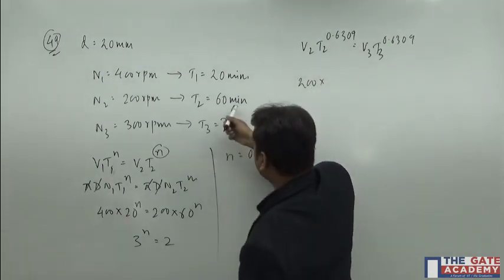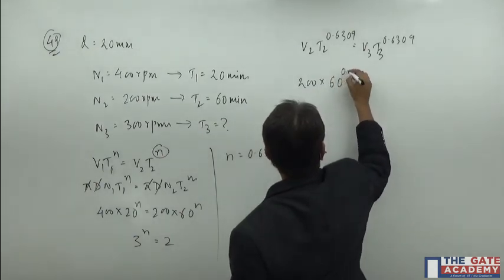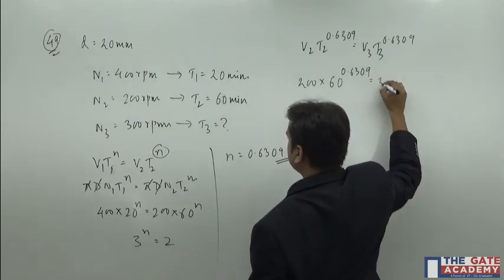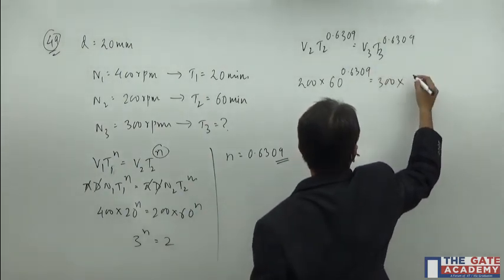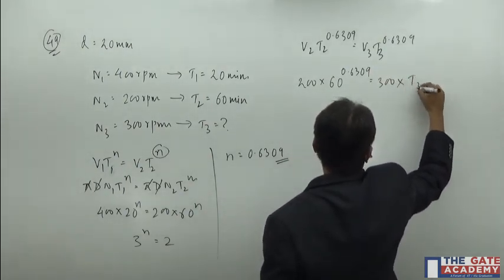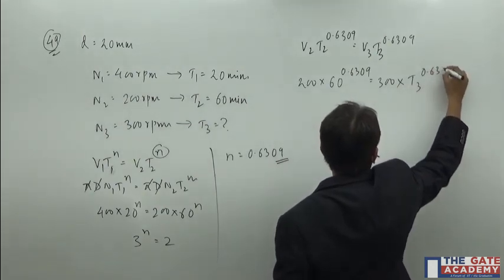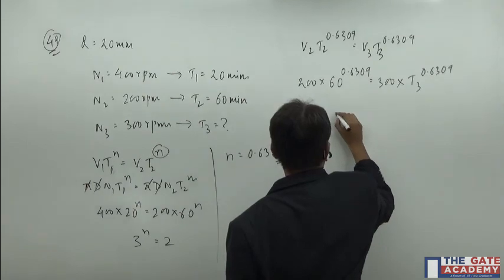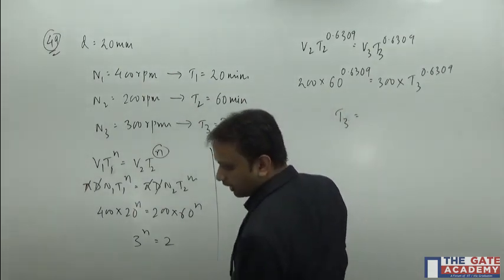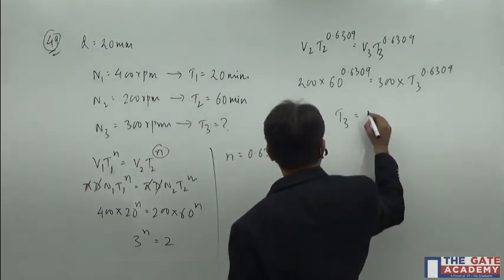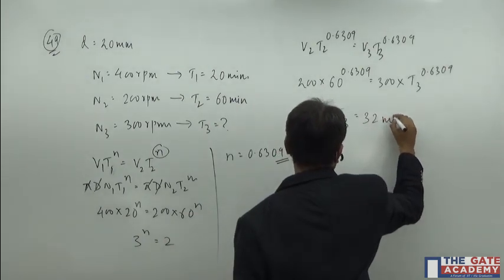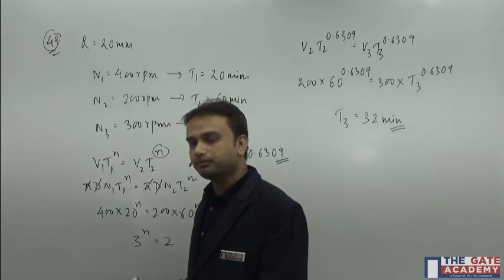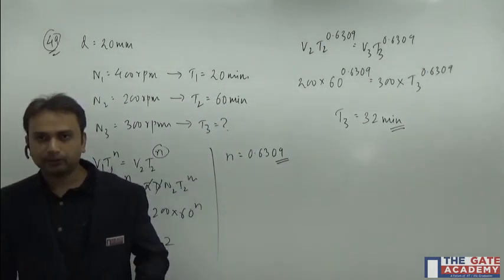T2 is 60 minutes to the power 0.6309, and V3 is nothing but 300 rpm. Directly you can write it like that, and T3 we have to find out, which is to the power 0.6309. So after solving everything, you should get the T3 value as 32 minutes. You should get T3 as 32 minutes, right? So this is how it has to be solved, and it is a very simple problem, and yeah, you may note it down.